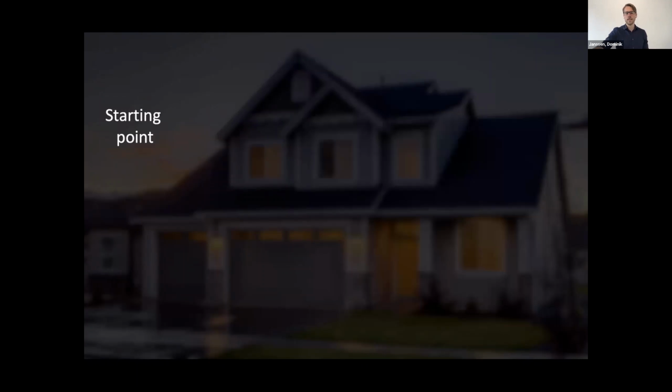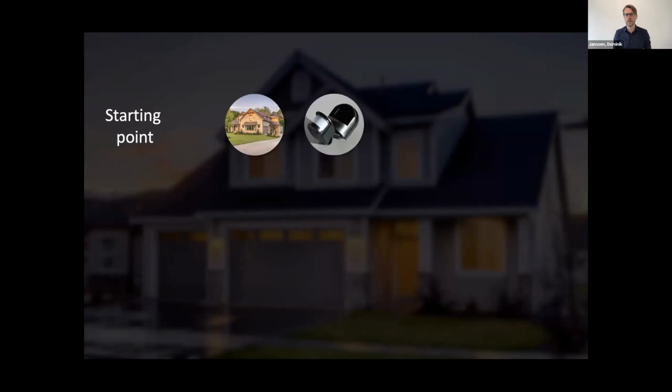Our starting point is a smart house. In our case, it could be a smart factory, could be anything, as long as it's a spatial thing equipped with sensors. In our case, motion sensors. Could be any type of sensors. They only have to be able to detect the presence or absence of things or people.